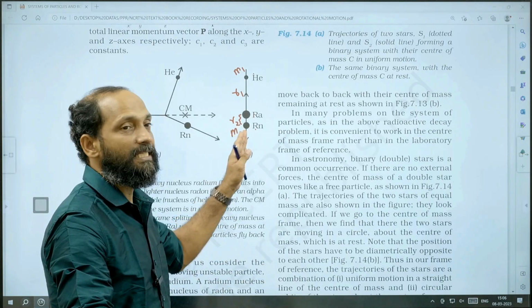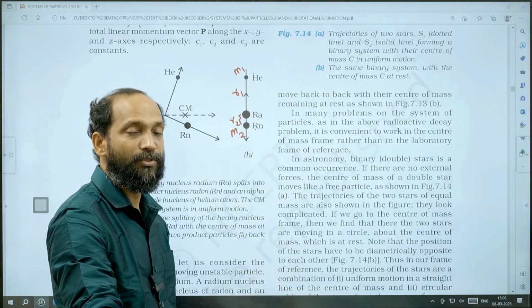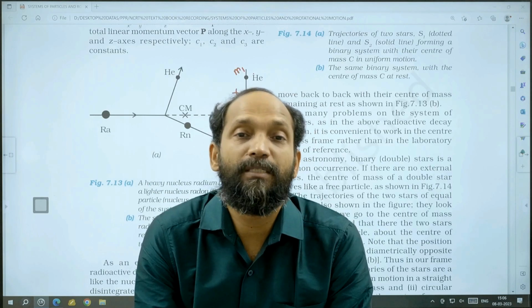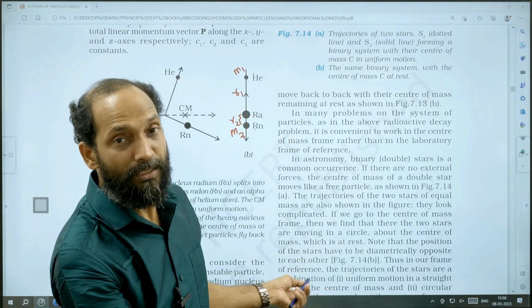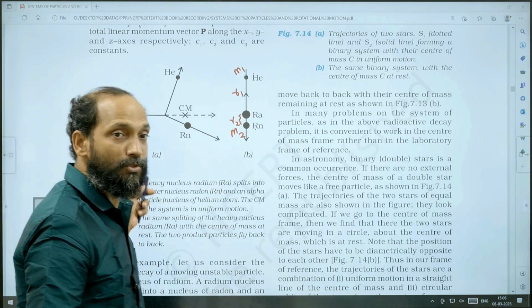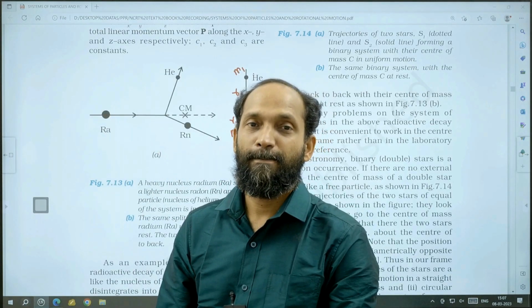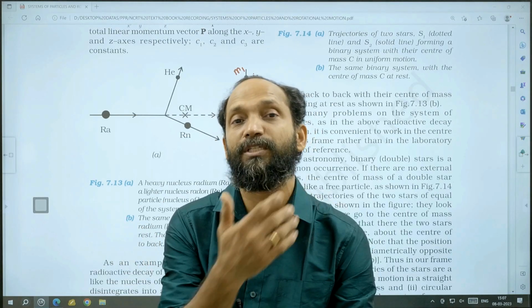In the second case, after the process also the momentum of the center of mass should be zero. In the absence of external force, the momentum of the center of mass does not change. Before it was zero, now also it is zero. But in the first case, before the process the center of mass was moving with constant velocity. After this process also the center of mass would be moving with constant velocity.